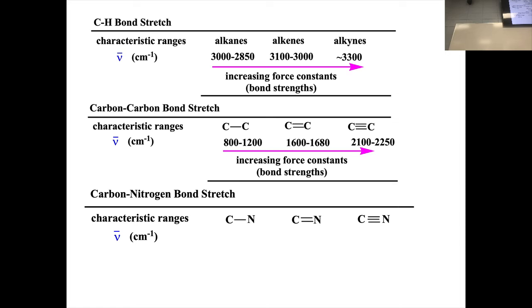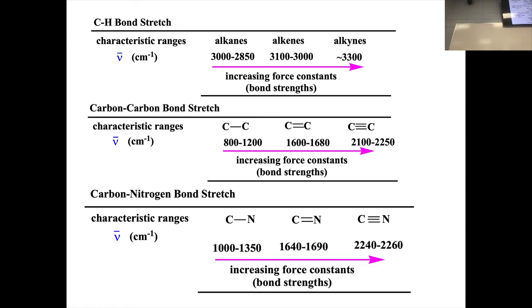Where would that region be? 1,500 to 2,000. That's the SP2 region. And C triple bond N? 2,000 to 2,500. That's going to be in the SP region, right? Okay? And in fact, that's what we see. That's below 1,500. That's between the range that Jason just mentioned, and so is that.